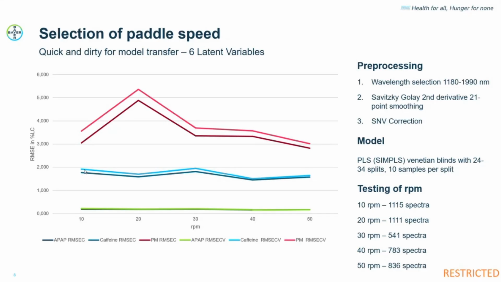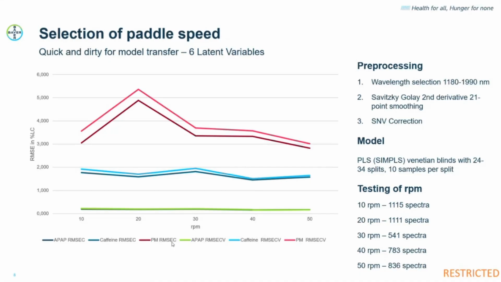It's already quite different for caffeine. So you can see actually that the optimum, with the lowest root mean square error of calibration and cross validation, is with 40. And then it increases slightly when we come to 50 RPM. But the greatest impact is, having a look at the concentration that pyrilamine is in the tablet, is the feedback from pyrilamine.